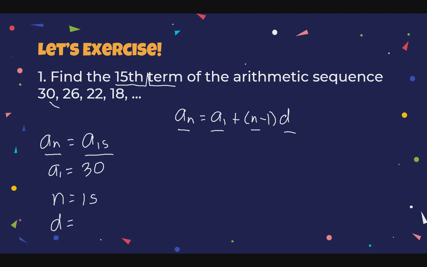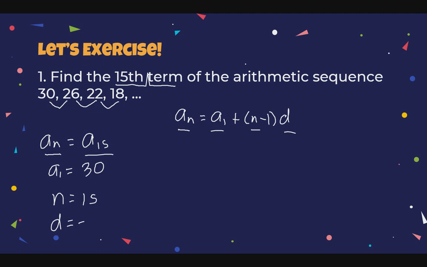okay, what do you think is the common difference? What can you observe in our pattern? Is it decreasing or increasing? Very good, it's decreasing. Since it is decreasing, the common difference is negative. So again, kapag ang isang arithmetic sequence ay pataas, ang common difference ay positive.